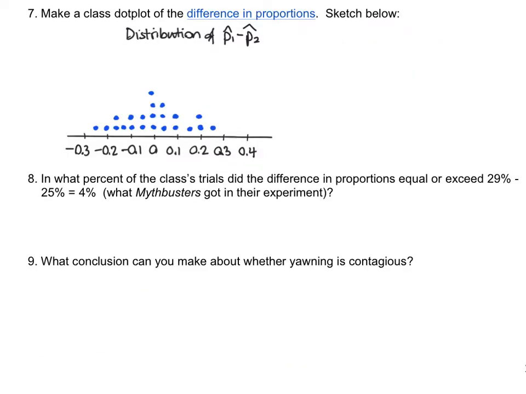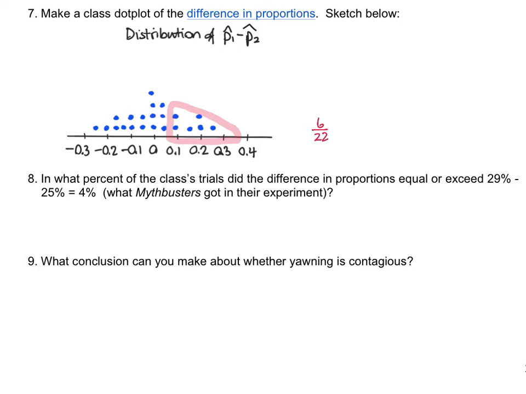So here's our class simulation dot plot, and the next question says, in what percent of the class trials did the difference in proportions equal or exceed 29% minus 25%, which is 4%? And we find that out of 22 dots, we have 1, 2, 3, 4, 5, 6. 6 of them, 6 out of the 22, are at 4% or above.